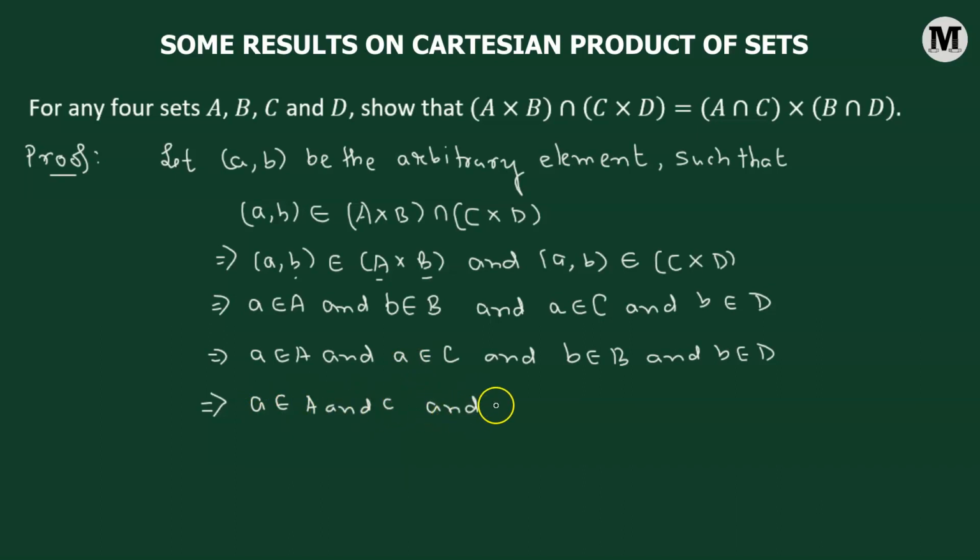And then we have the element b, which is a member of both B and D. In short, we can say that b must be a member of B intersection D. Fine. That means symbolically we can say a is a member of A intersection C and b is a member of B intersection D.